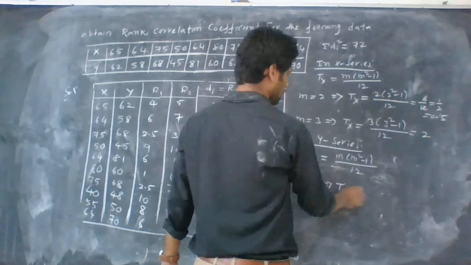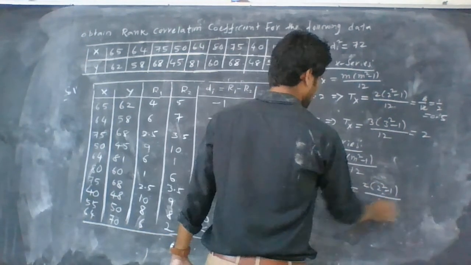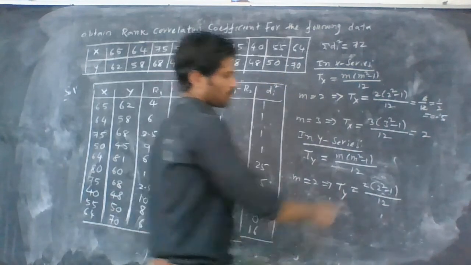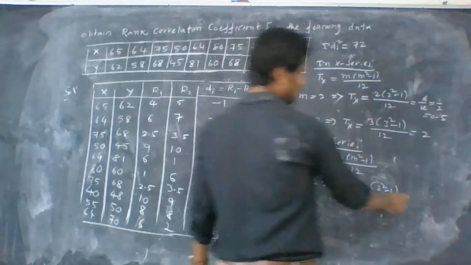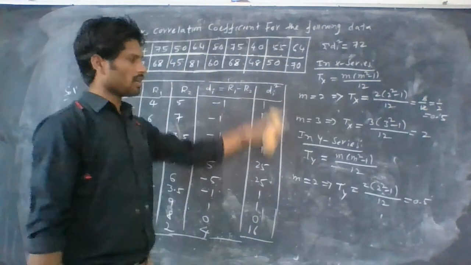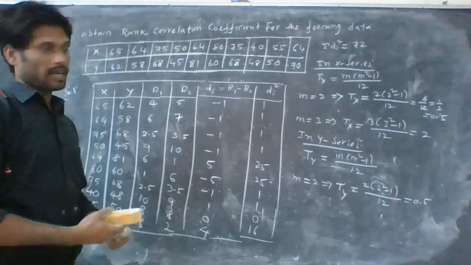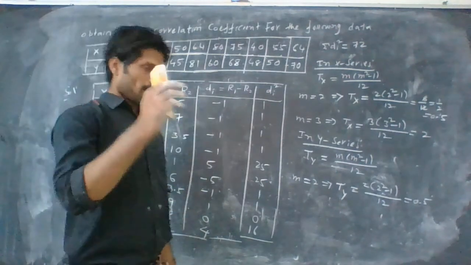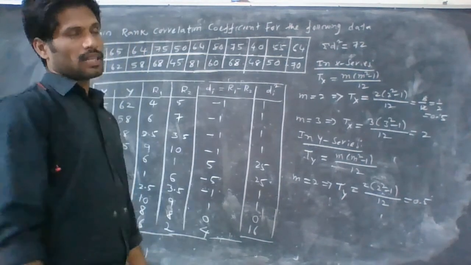So Ty is equal to 2 into 2 square minus 1 by 12. 2 square means 4, minus 1 is 3, 3 times 2 is 6 by 12, that is 0.5. These values are used in the formula rho equal to 1 minus 6 into summation di square plus Tx plus Ty by n into n square minus 1.